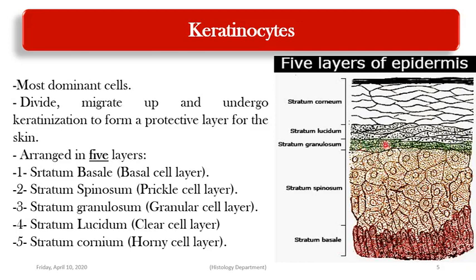After that, the cells start to be flattened and contain granules, so called stratum granulosum, or the granular cell layer. Then a few layers of translucent, refractile, acidophilic cells called stratum lucidum, and lastly, the fifth layer is the stratum corneum, or the horny cell layer.